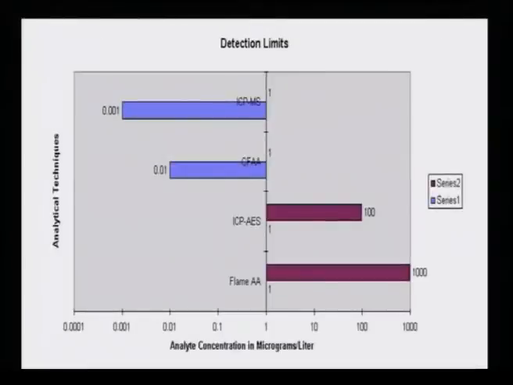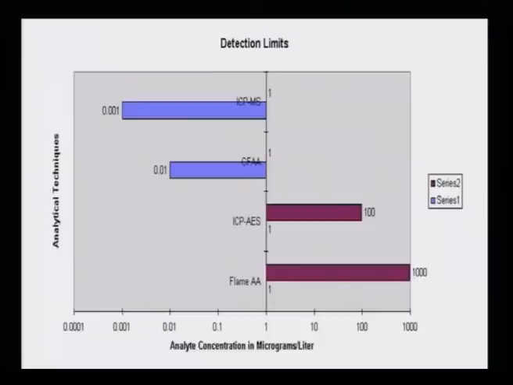If one looks only at the detection limits, here is a slide which clearly shows that flame atomic absorption is very poor in its detection limit, that is, it only takes care of ppm level, not more sensitive.